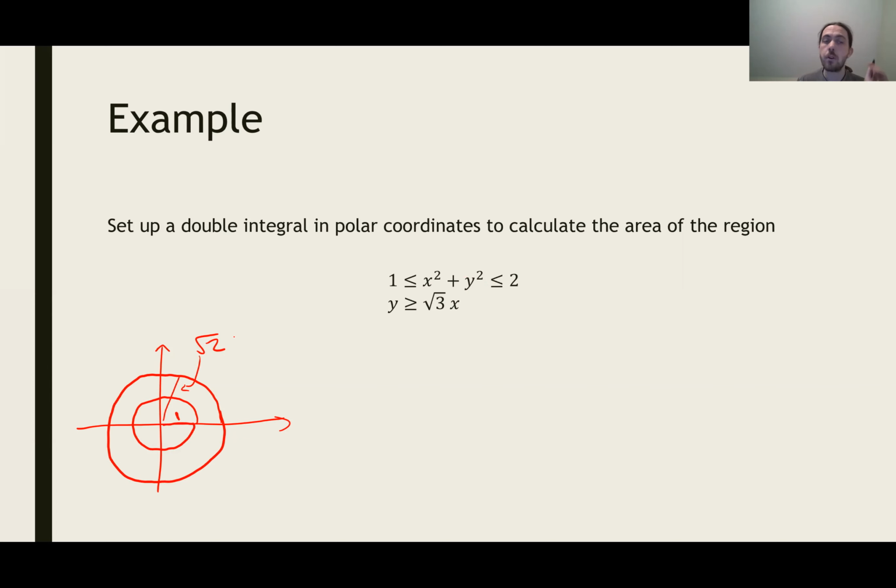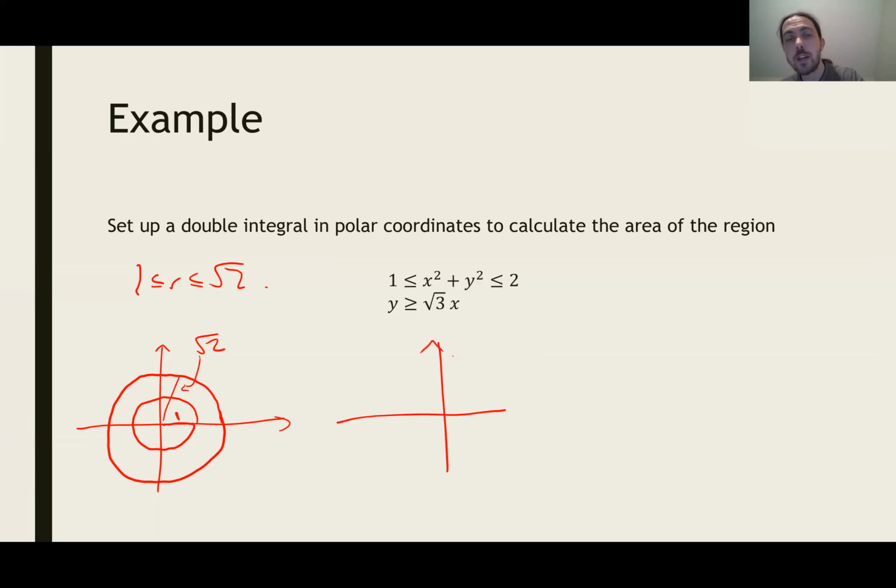Our boundaries go between r equals 1 and r equals root 2. We could have gotten that by substituting in r cos theta for x and r sine theta for y, but if we can see that we're getting formulas for circles, then we're in good shape.